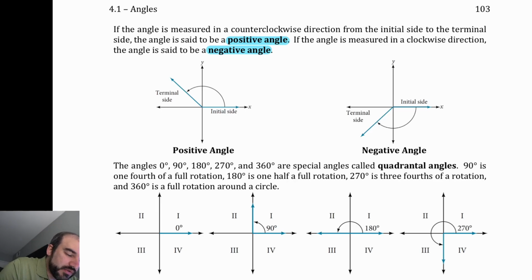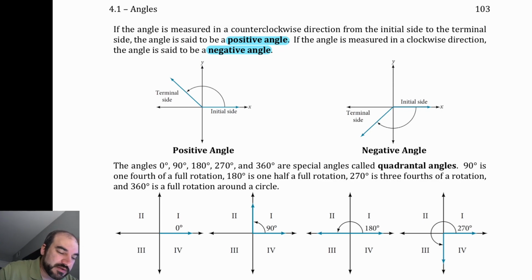Now, you can think about this angle that's given here as a positive angle because it's swung open this way, but you can imagine that if I were to swing an angle open the other way and land at the same spot, where my terminal side is in the same place, you can also reference this angle with a negative angle measure, right? You would just need to calculate how much it needs to swing open the other way in the negative direction to end up in the same position.